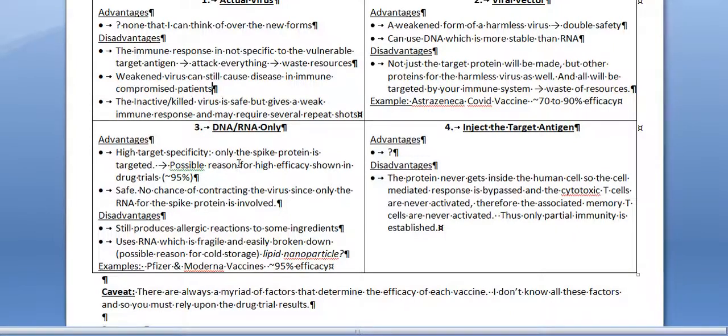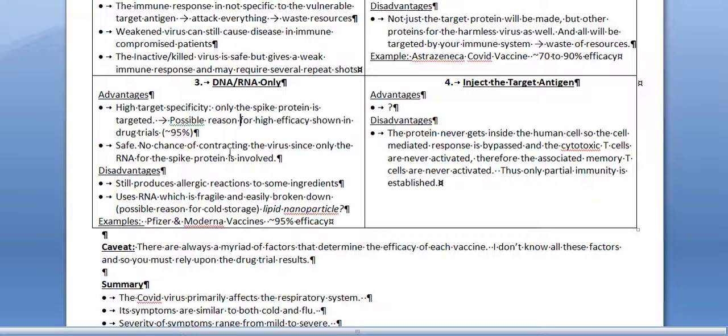Again, I'm not an expert on this. There are probably all sorts of factors going on that I have no idea about. I just know the basics, and I think the basics are good enough for the average person, so I'm willing to bet that's part of it. It's high target specificity. You're only generating an immune response for one thing, the vulnerable, necessary spike protein.